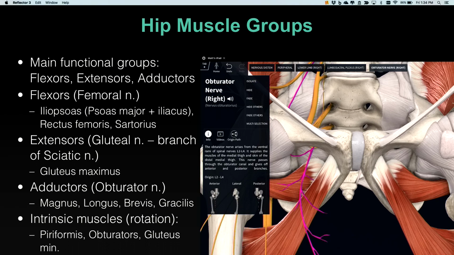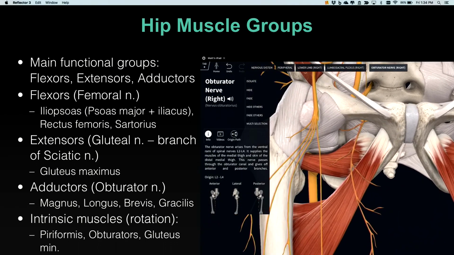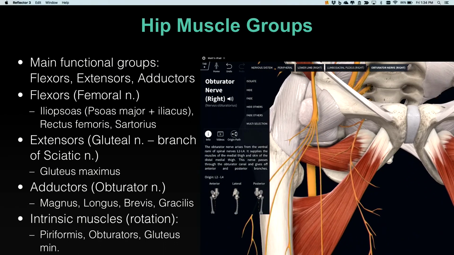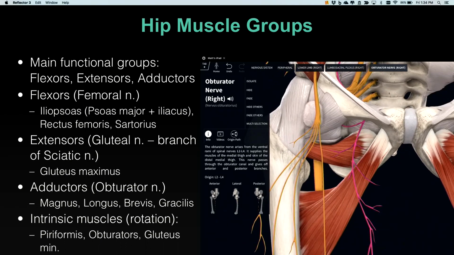Some of these really small muscles in that area are responsible for those uncomfortable feelings. Well, they're what I'm going to call intrinsic muscles, and they usually help to rotate the thigh.